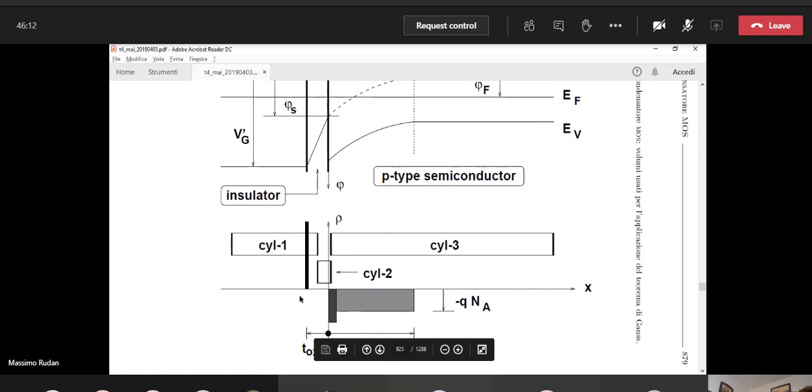So what happens in reality when we apply a positive voltage to the gate? We start from equilibrium. So there is no charge nowhere. Everything is neutral everywhere in the structure. Then we apply a positive charge here, okay?